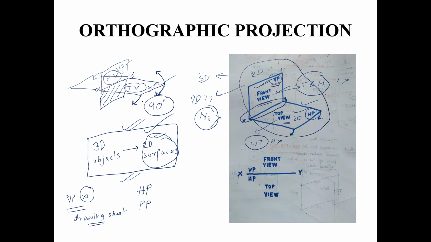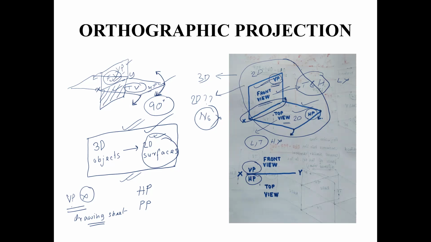After the horizontal plane has been rotated through an angle of 90 degrees, we will have the vertical plane sitting above the reference line, and the horizontal plane will be sitting below the reference line. Horizontal plane is sitting below the reference line after the rotation is complete, and the vertical plane from the very beginning was sitting above the reference line.